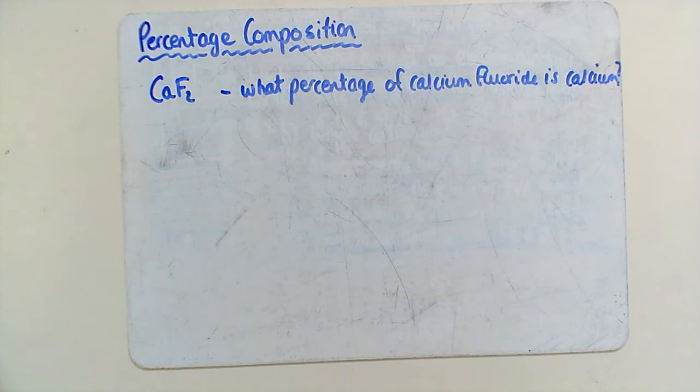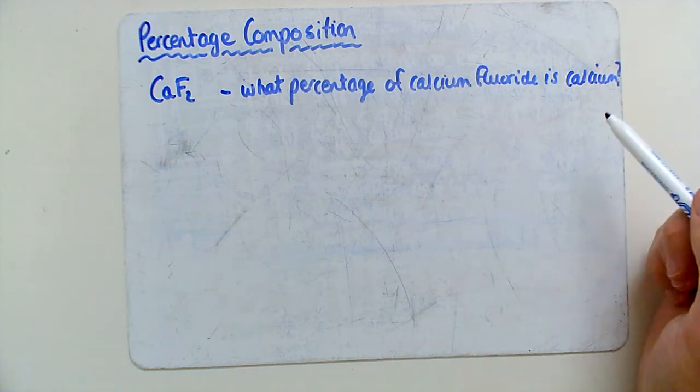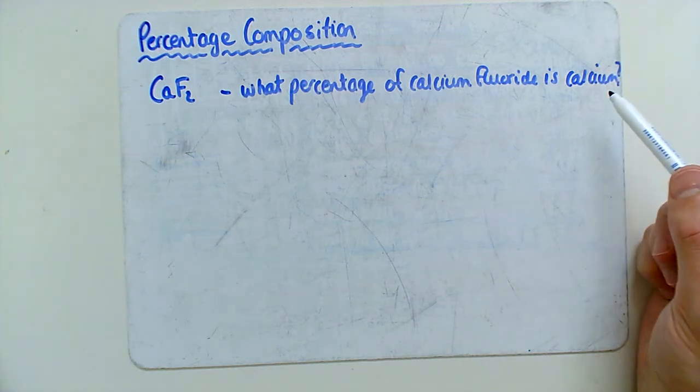Calcium has a mass of 40, and fluorine has a mass of 19. So when we're working out percentage, we're always having to deal with atoms that don't weigh the same amount as one another. So percentage composition is a way of being able to answer this question correctly.